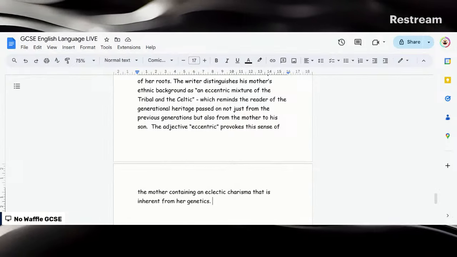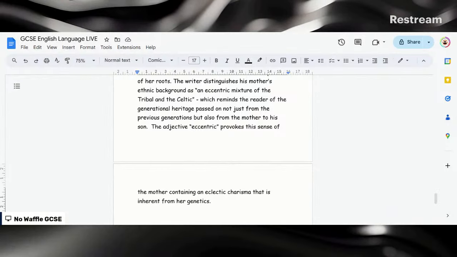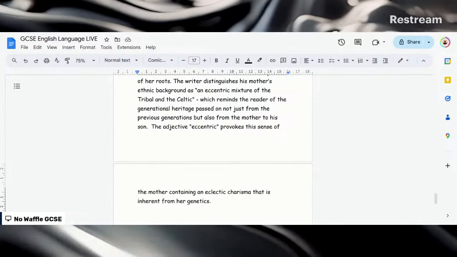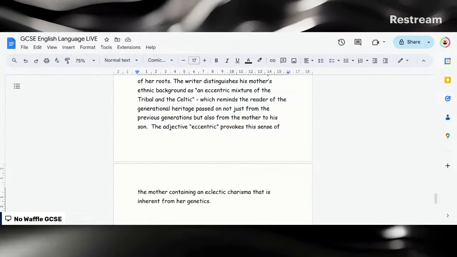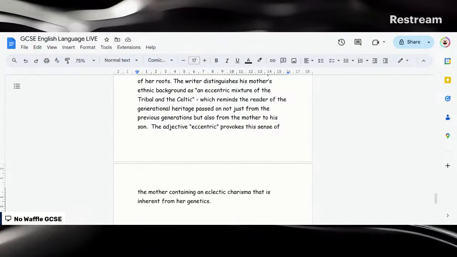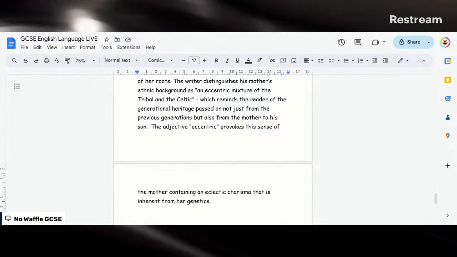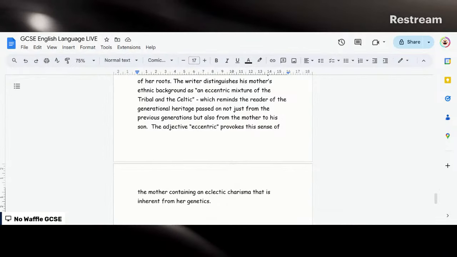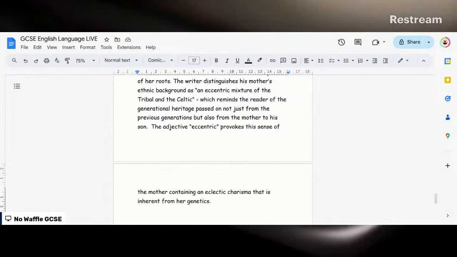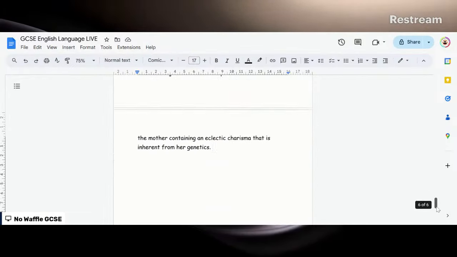So, what we can say, however, because again, we want to continuously try and evaluate. So I was just looking at the quote and it says, the mixture of the Celtic and the tribal. But then we get this kind of reality check where it says, in fact, she was half Irish, half Cherokee. And this seems to be quite, it's almost like a letdown.